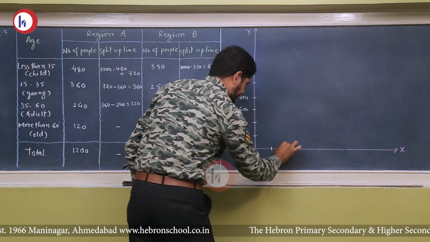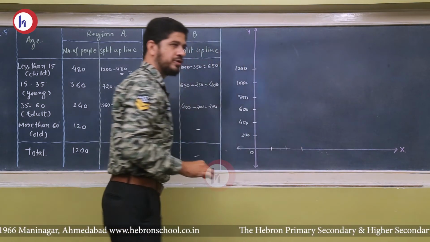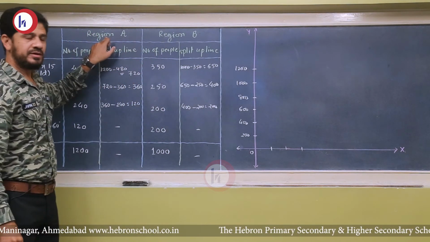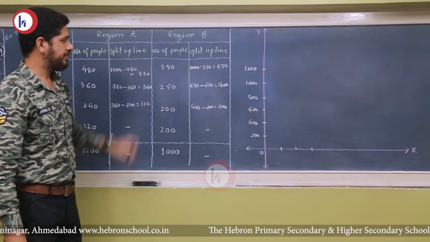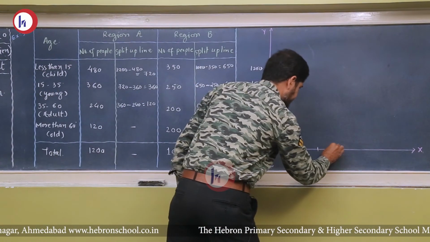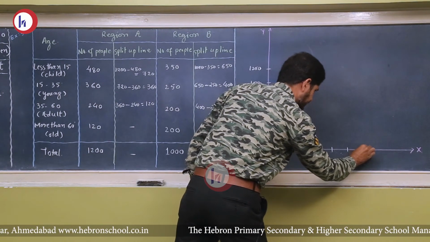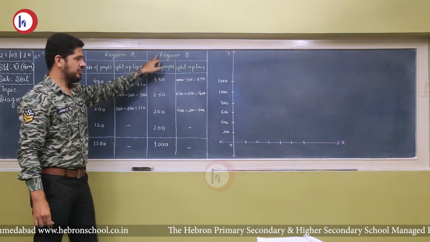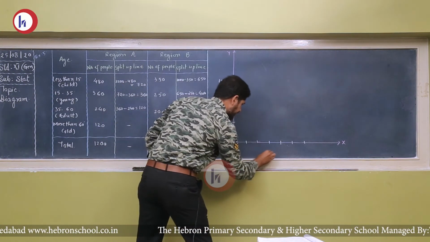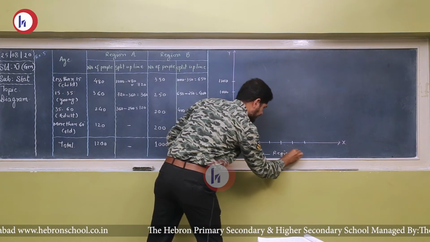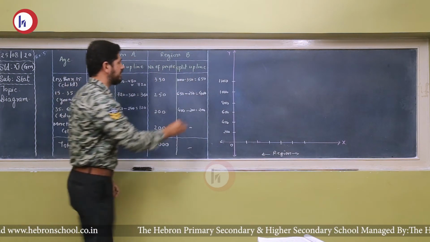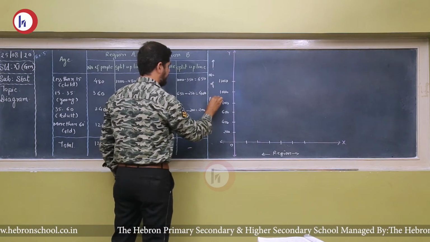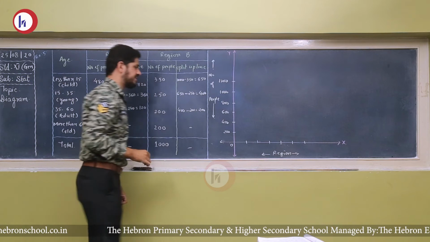We will take 2 centimeters to represent region A and 2 centimeters for region B. We represent the regions on the x-axis and the number of people on the y-axis.